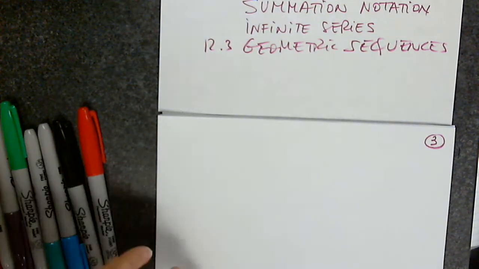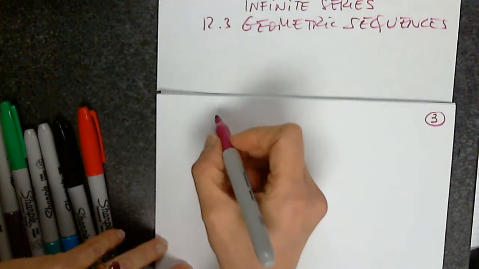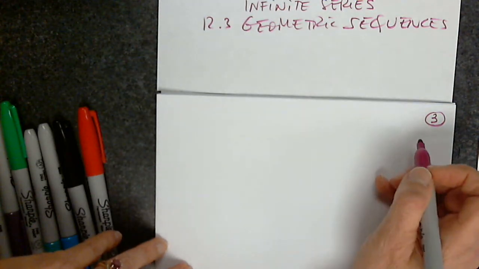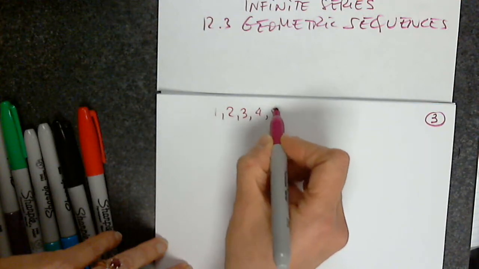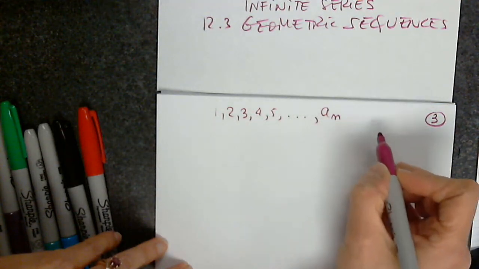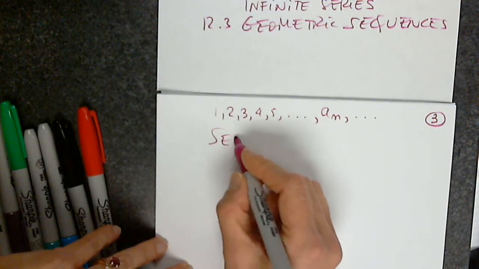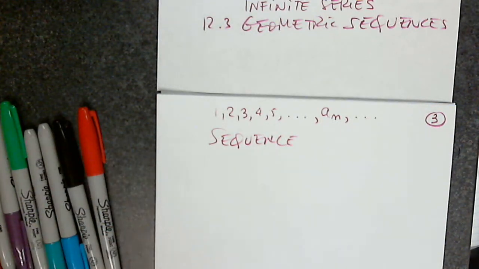I don't see a starting point that I was looking for, so I'm going to make one up. A list of numbers of this kind, let's say 1, 2, 3, 4, 5. The general term is a sequence. I just made one up.